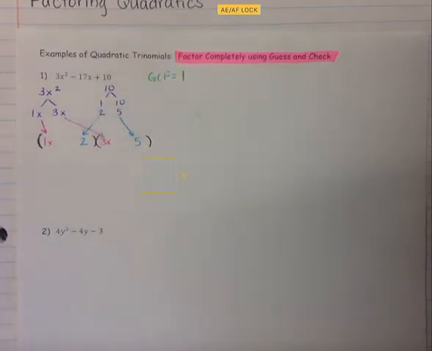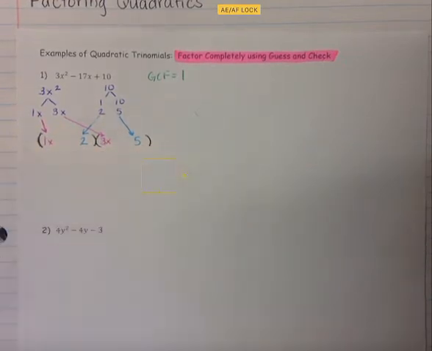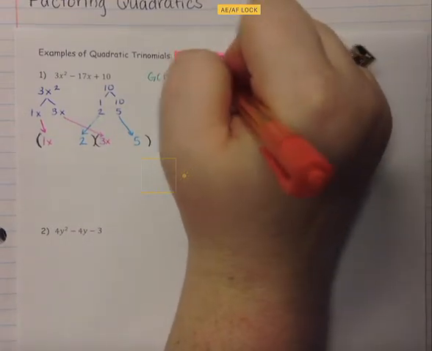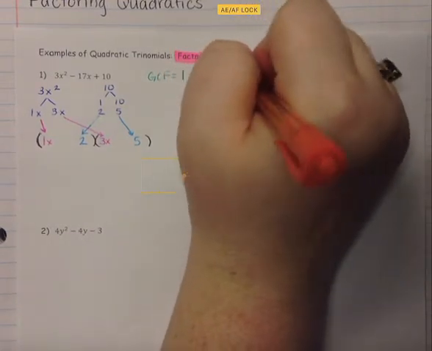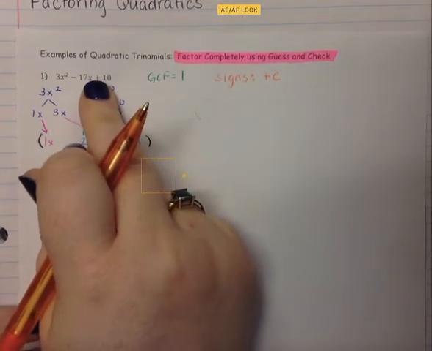Now I also want to make a note, and this goes to the helpful hints. I did a helpful hint that I should have no common factors together. Now my other helpful hint was the signs. For my signs, I'm going to write a little note over here. I have a positive c value. It's a positive 10.